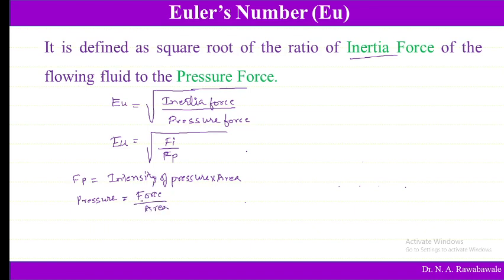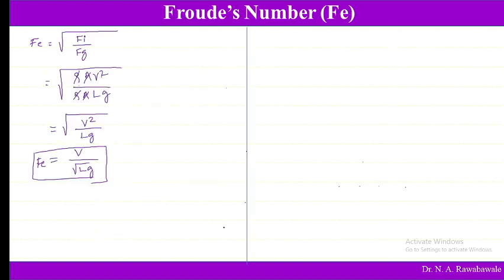Therefore pressure force F is equal to pressure into area. So Fp is equal to P into A. We call this equation number 5.